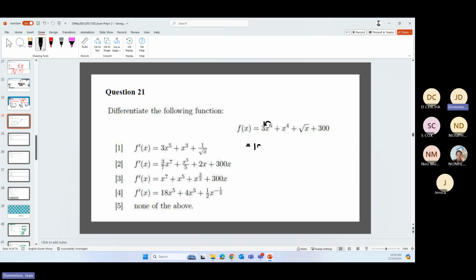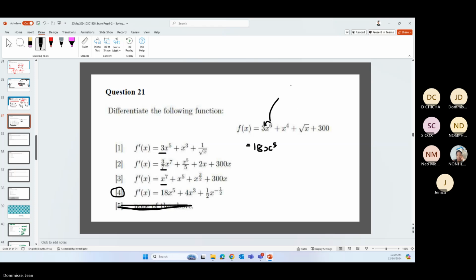So 18x to the power of 5. And suddenly look, just by looking at that first one, we actually got it.